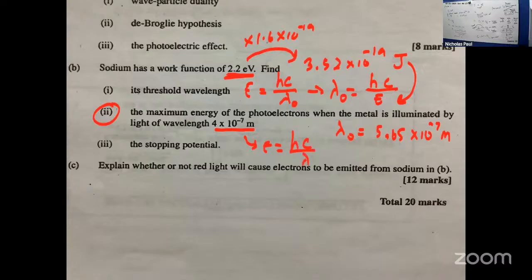What's the lambda we'll be going to use here? 4 times 10 to the minus 7. Anybody with a calculator can help me out there, please? What's C? 3 by 10 to the 8.